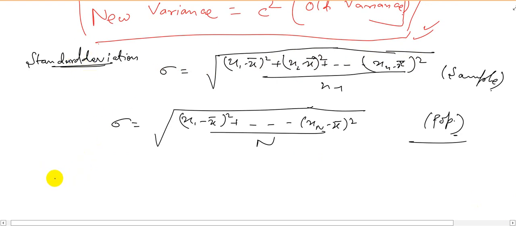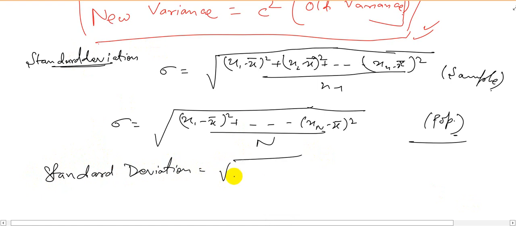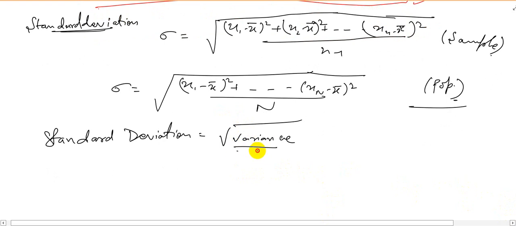Now let us again alter the values and find what happens. So if we add a constant, what happens to standard deviation? Standard deviation is equal to the square root of variance. This is true, so the changes in variance, if we add or multiply by a constant, would affect standard deviation.